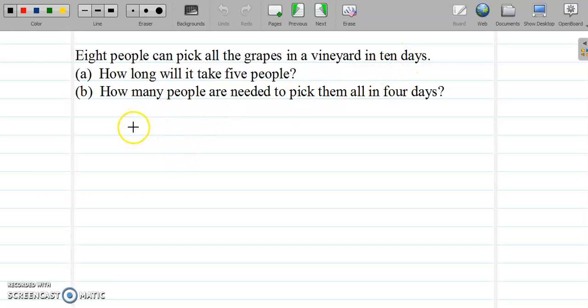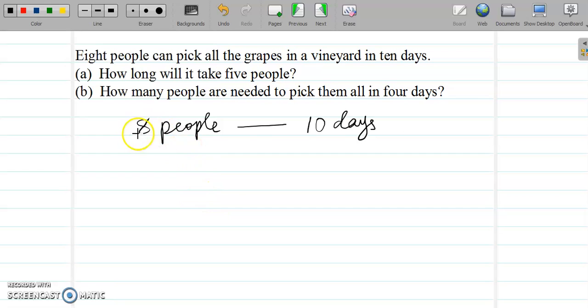So if 8 people can pick all the grapes in the vineyard in 10 days, how long would it take 5 people? Now if 8 people can do the work in 10 days, one person will do the work in 80 days.